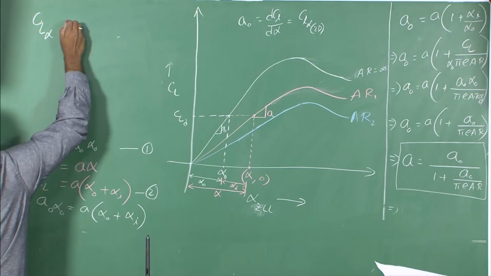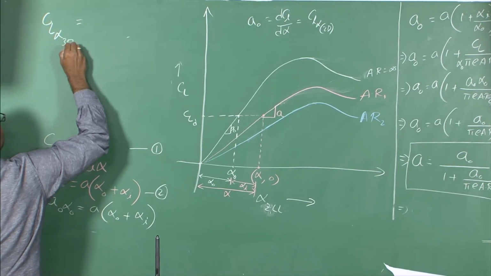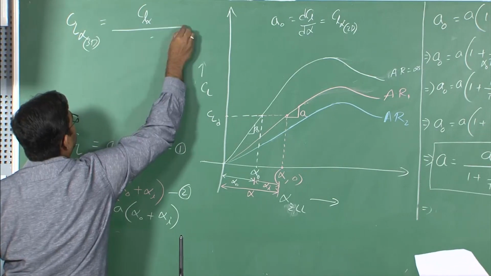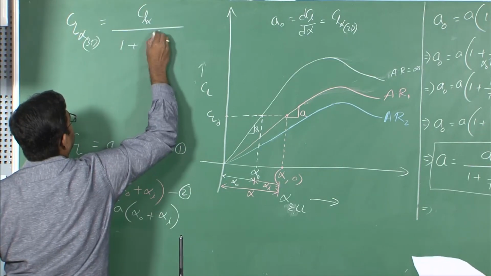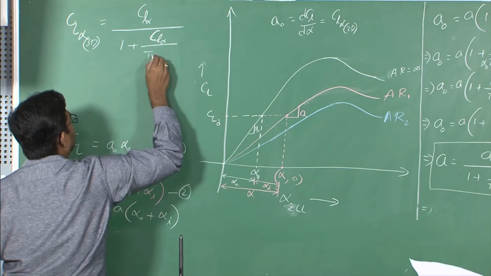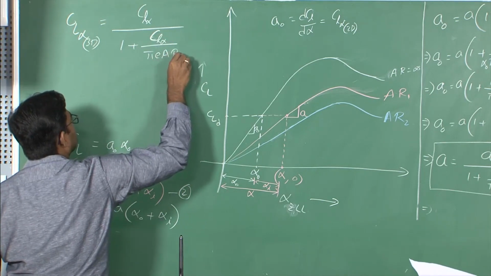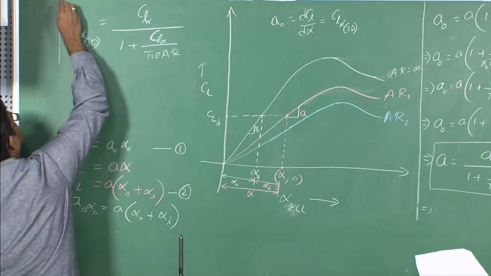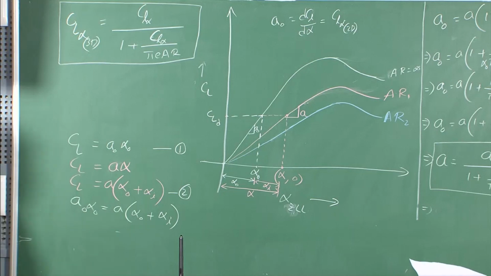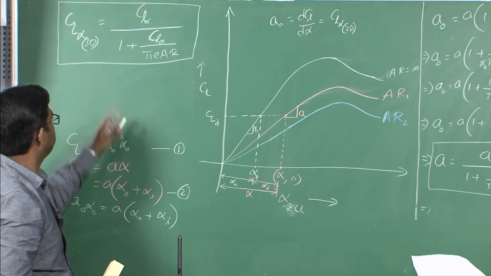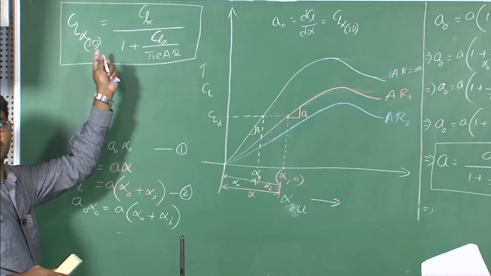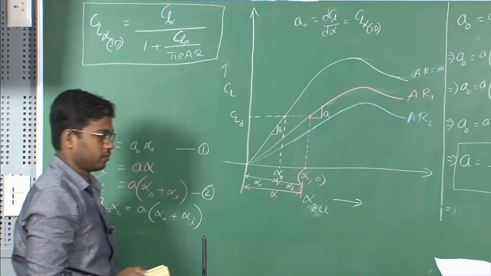Cl alpha 3D is equal to Cl alpha 2D by (1 plus Cl alpha of airfoil by pi AR). So this is well valid in the subsonic flight regimes, right. This is a relationship between wing Cl alpha and airfoil Cl alpha.